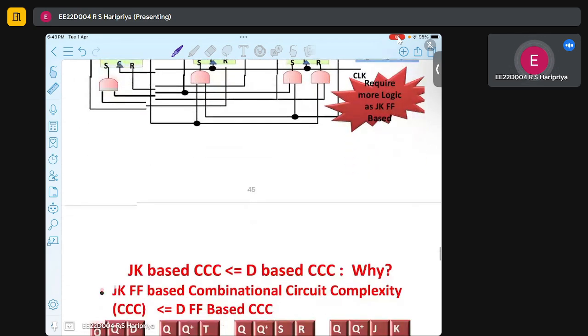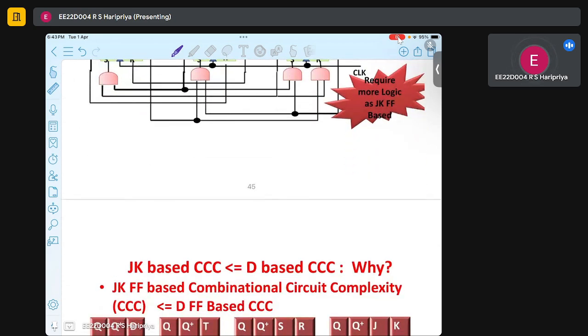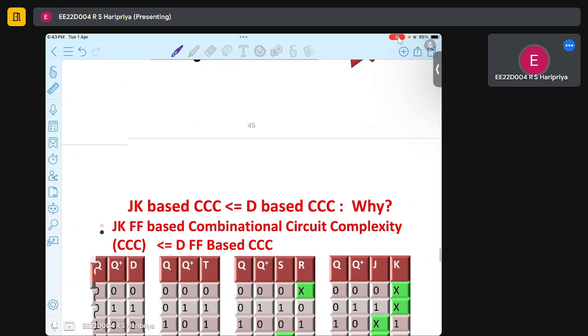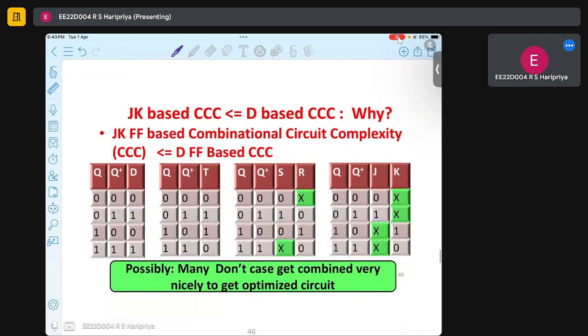So from this, we observe the JK flip flop requires a little lesser number of combinational logic. And why does JK require less? Because it has more mode cases. SR has don't care, whereas this doesn't have, so it requires more logic.